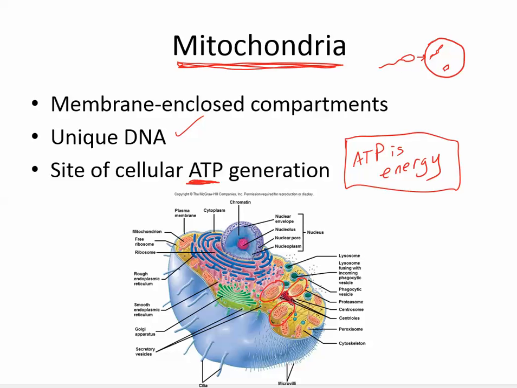There were mitochondria in the egg, and these mitochondria have their own DNA. So as this thing started to divide, the only mitochondria it had access to, because the sperm didn't give it any, were these that were originally there. So you have your mom's mitochondria.